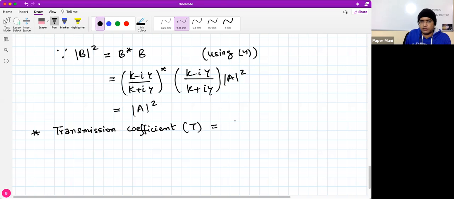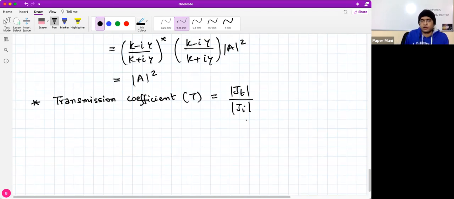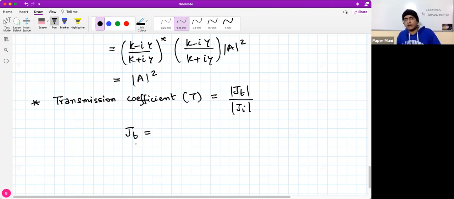Now in this case, what we have is JT by J incident. If you try to calculate this value, JT is the probability current density of the transmitted wave. If you see the J value which we had calculated, the form of the J, there was a quantity inside the bracket.